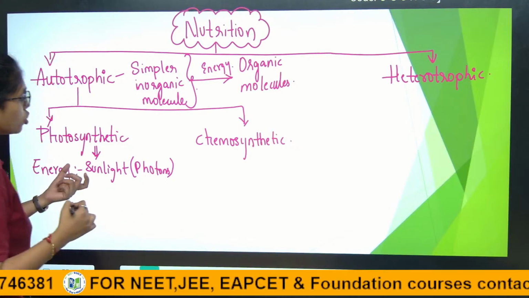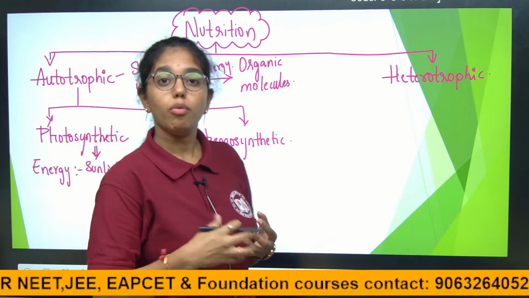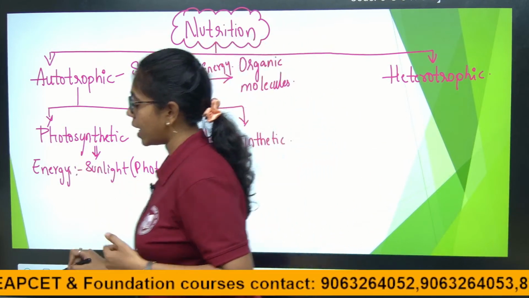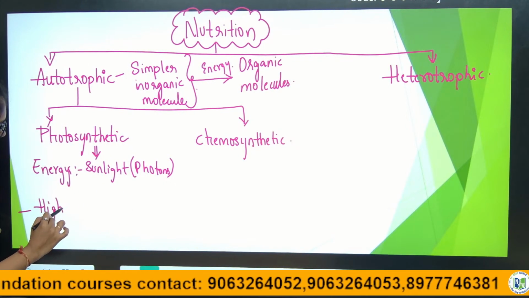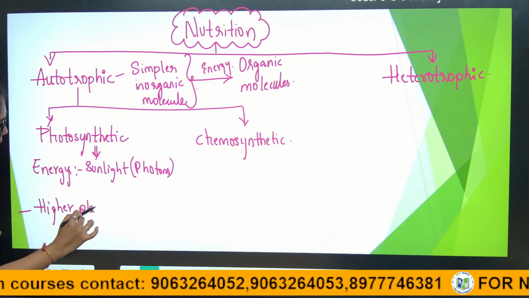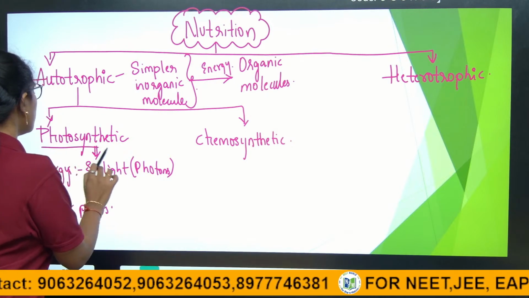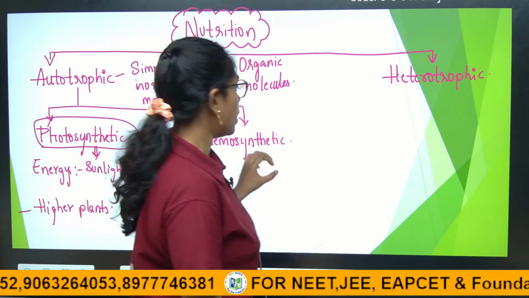The energy is used for the preparation of its own food material, mostly by some aerobic bacteria or plants, especially higher plants, which conduct nutrition in the photosynthetic way.